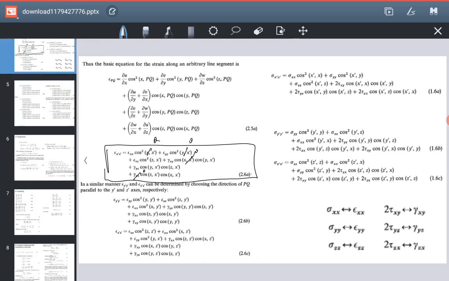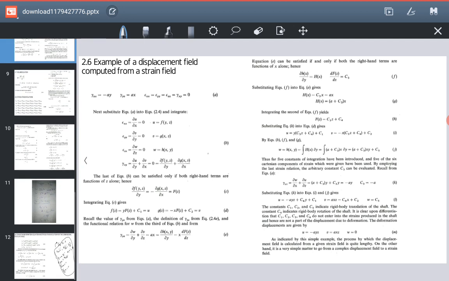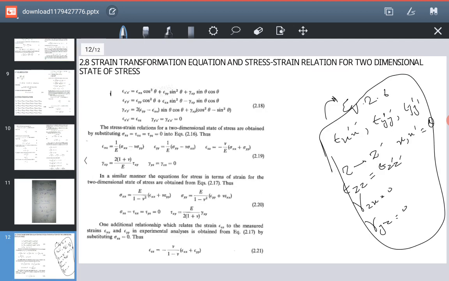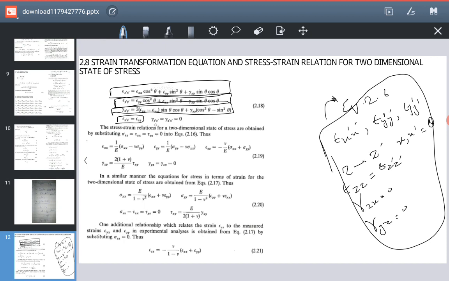So I'm going to end up with this equation. And sigma zz will be equal to epsilon z, and gamma yz and gamma z dash x dash will also be equal to 0.